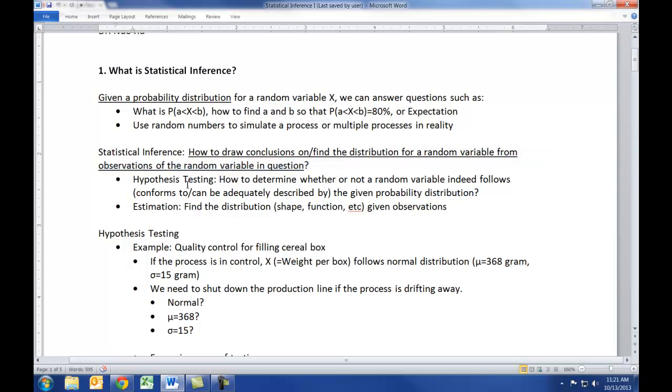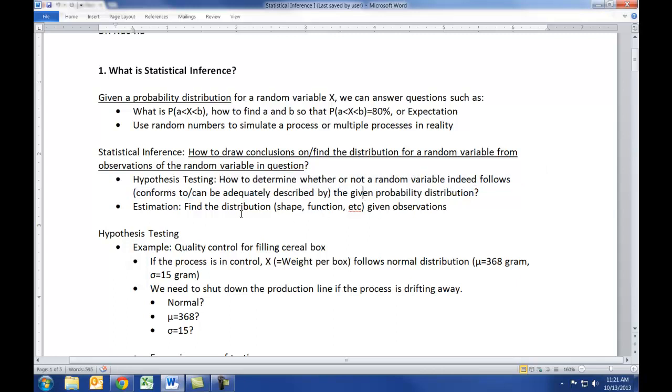So we will cover two types of statistical inference in this course. The first one is called hypothesis testing. It's about how to determine whether or not a random variable indeed follows the given probability distribution.